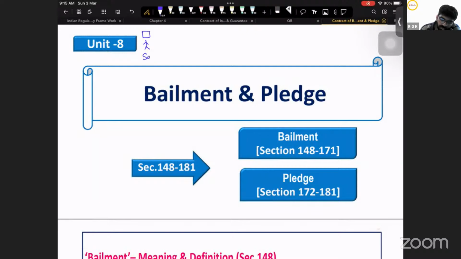One is called the seller and there is one more person called the buyer. It is a contract between seller and buyer where seller transfers property in goods to buyer for price.